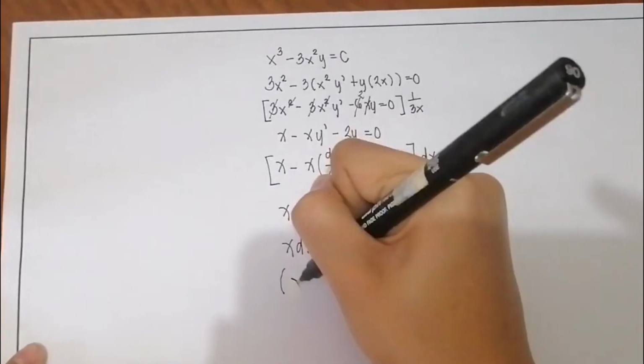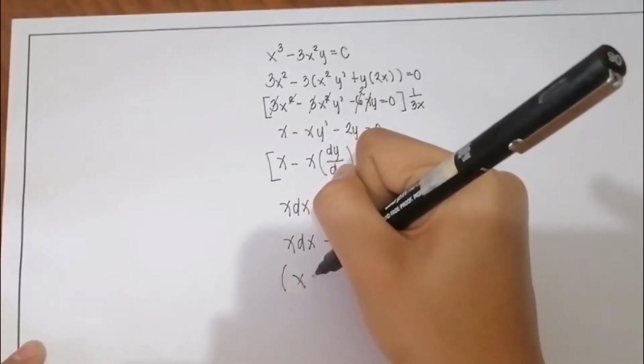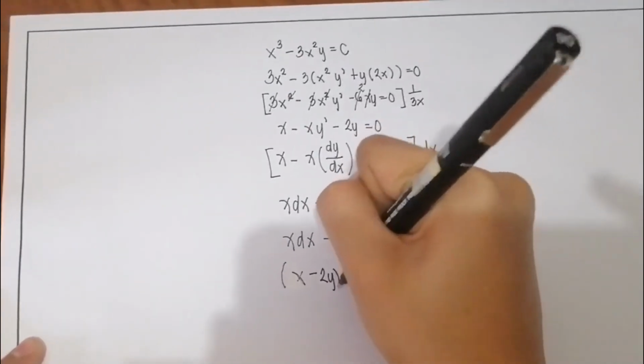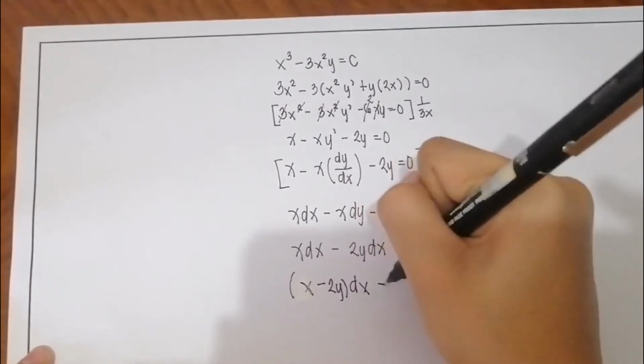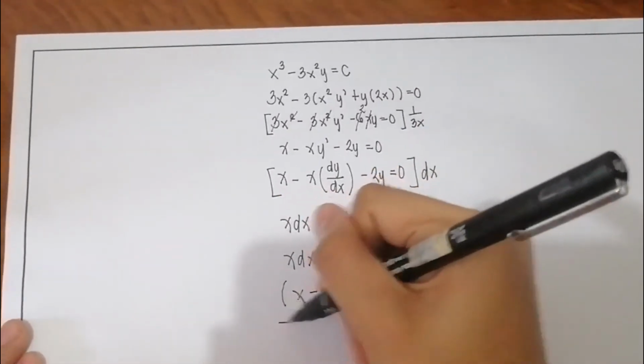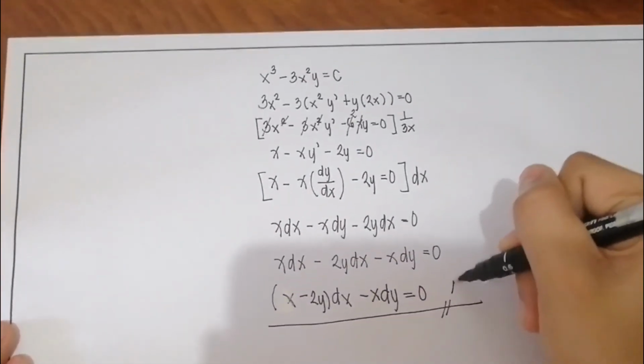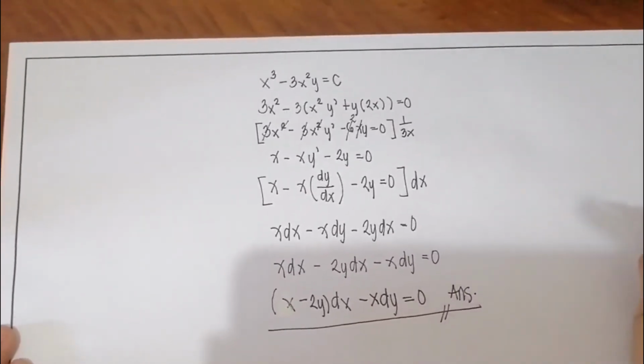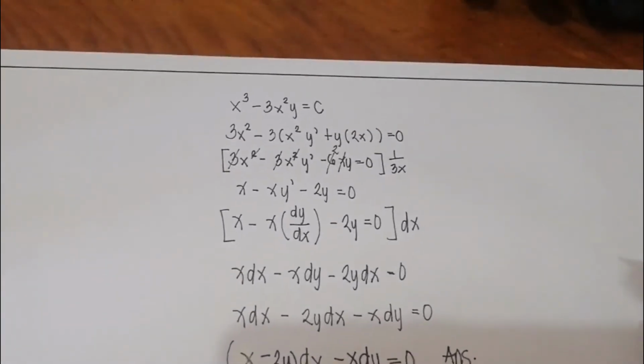But we could factor this out as (x minus 2y) dx minus x dy is equal to 0. So this would be our differential equation produced upon eliminating the arbitrary constant.